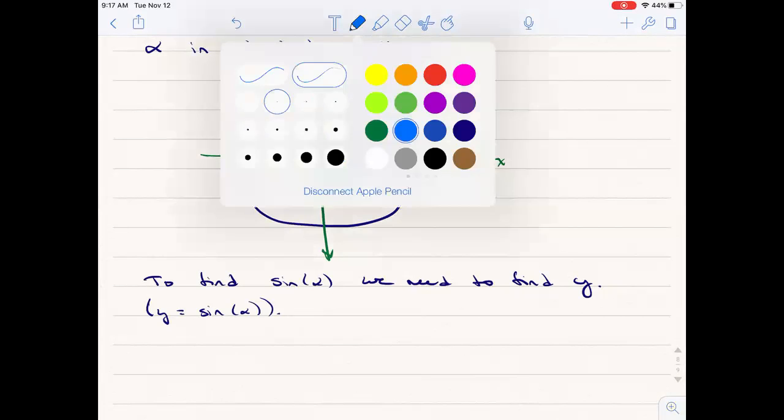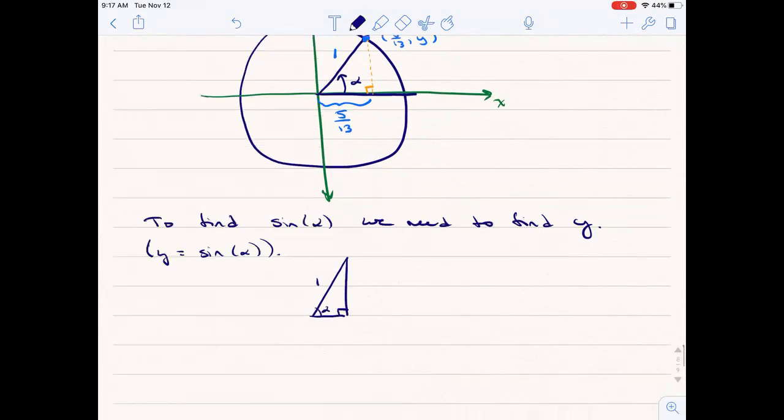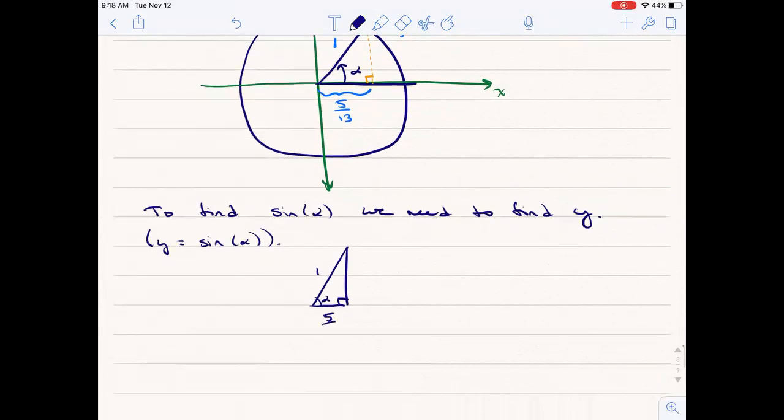So now we have this right angle triangle with alpha here, a hypotenuse of 1, x of 5/13, and some y that we're trying to solve for.